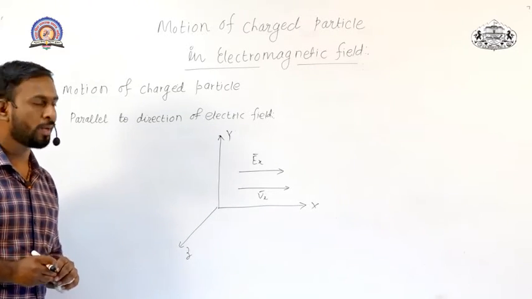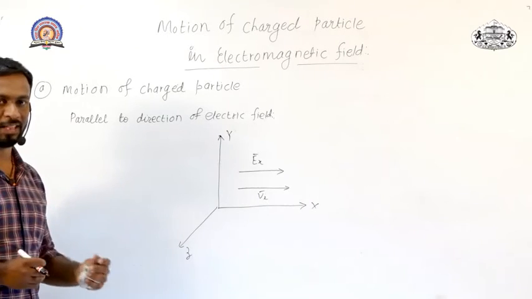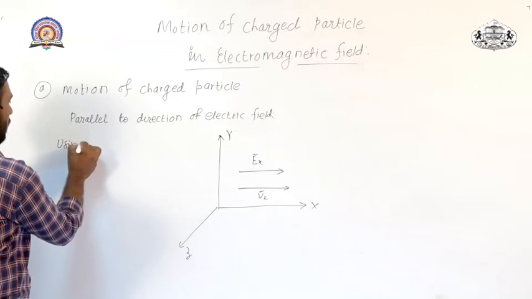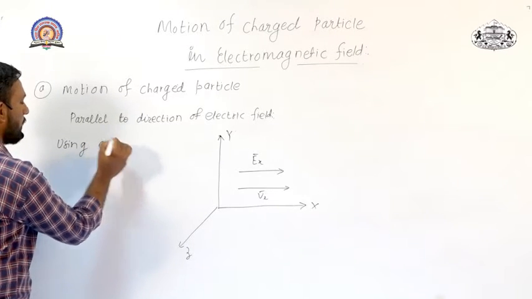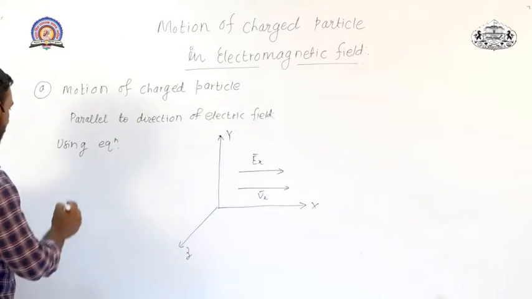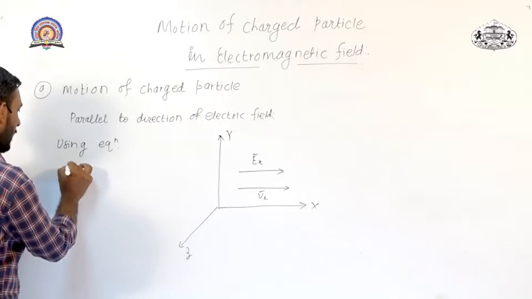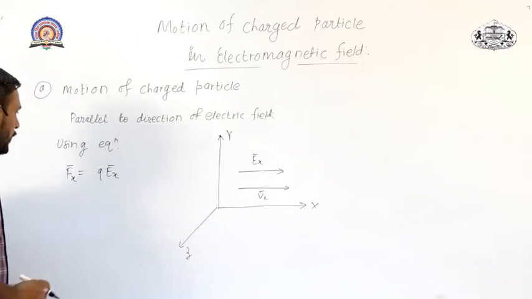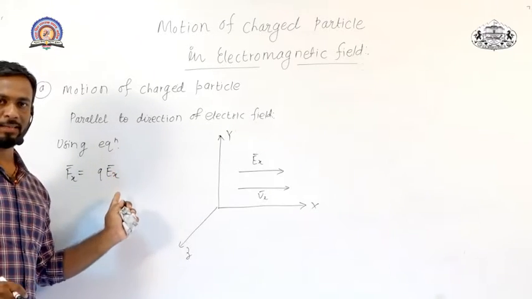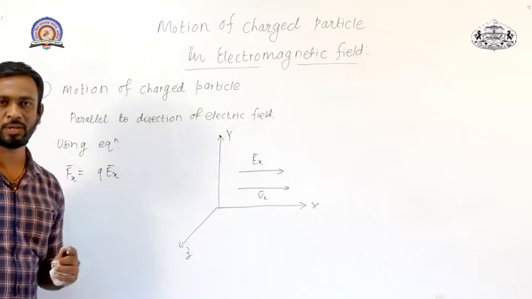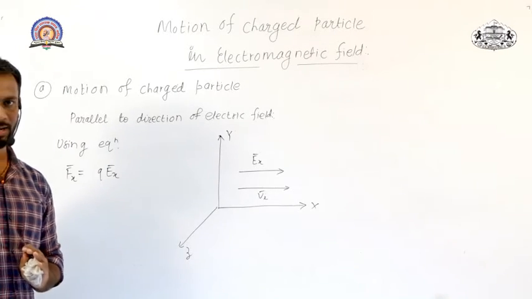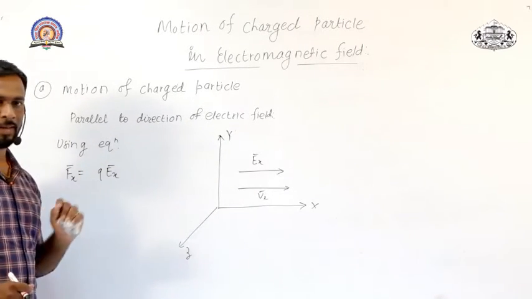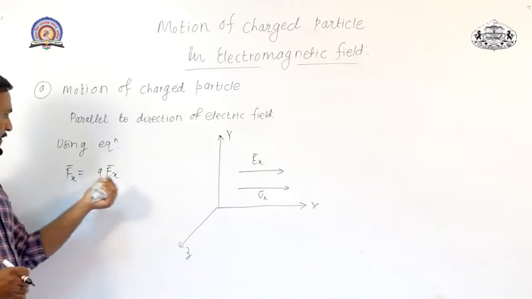Let us look at this situation mathematically. Using equation 1, Fx = qEx. I am not writing the magnetic field part because we are looking at this situation in the presence of the electric field only, so the magnetic part drops out. Why am I writing the x suffix?